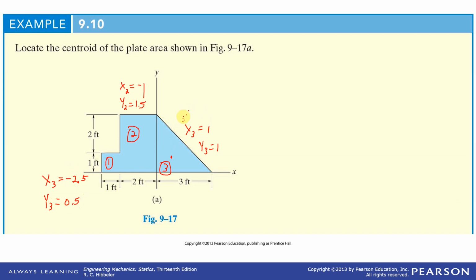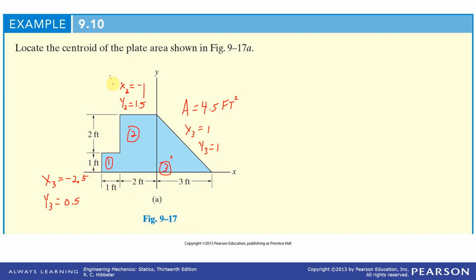Okay, mass or area equals 1/2 base times the height. Base times height is 9. I'll leave the units out this time, just saving time by not listing the units. All these coordinates are in feet.